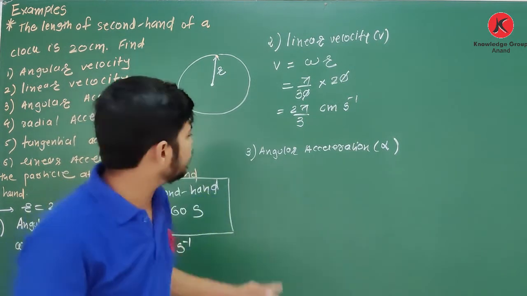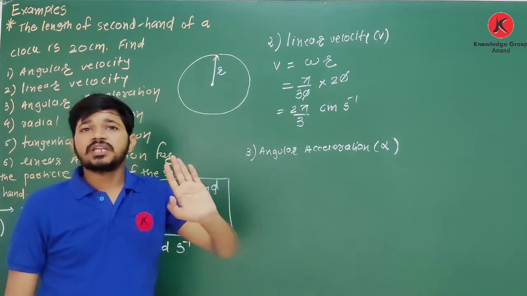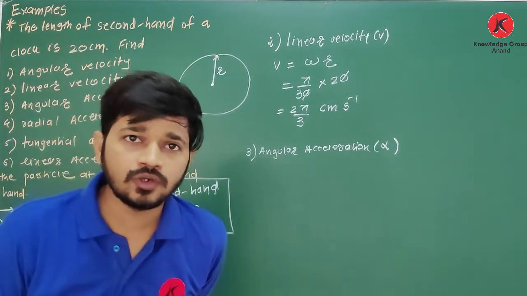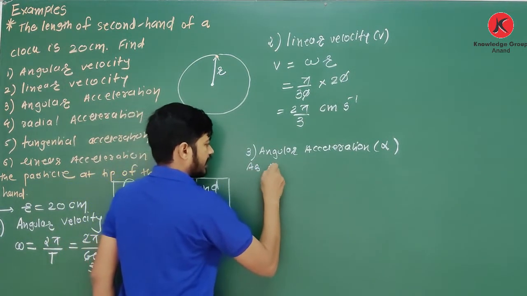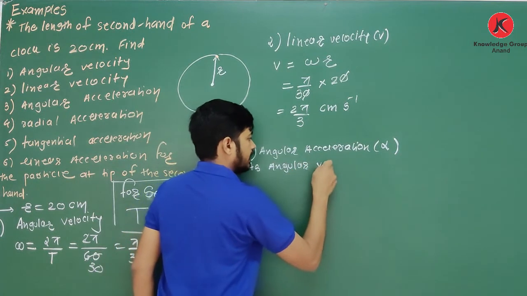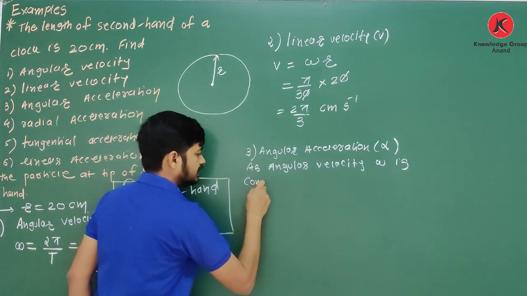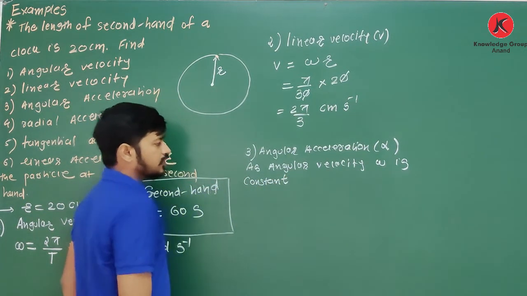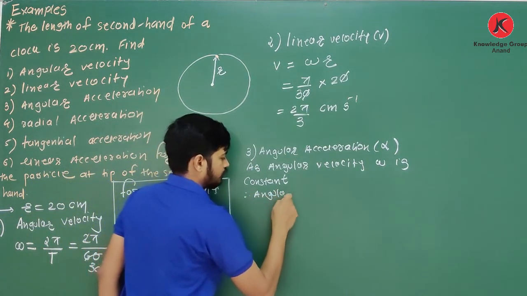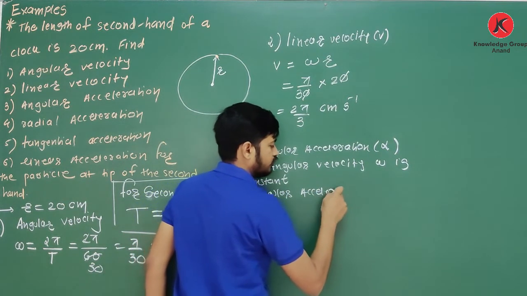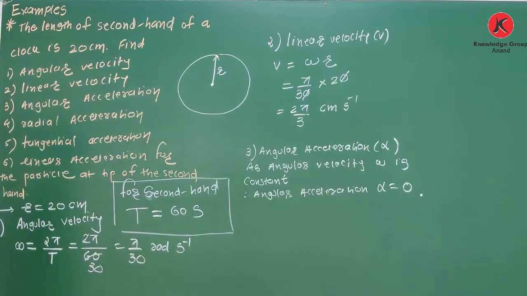Is there any change in speed of the second hand? No, it is moving with constant speed. So as angular velocity omega is constant, angular acceleration alpha is equal to 0.